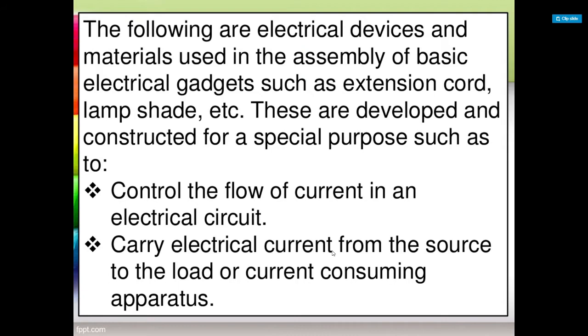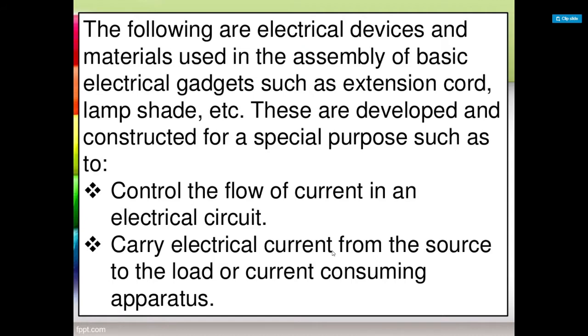Okay, next, carry electrical current from the source to the load or current consuming apparatus. When we say load, we are referring to any device that uses electrical energy for that device to function. That is the general term for all electrical appliances or devices that use electricity.